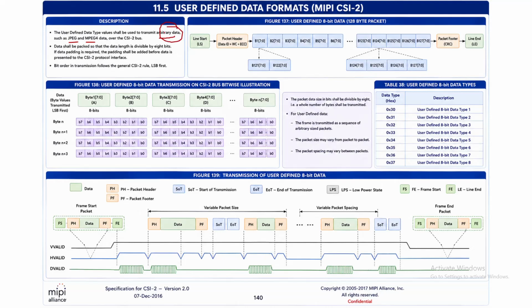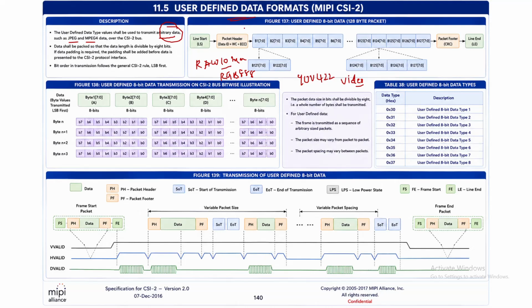User defined also follows some raw format. It may send RGB data, where RGB is related to images, raw data is related to some metadata, and YUV is related to video. Any type of data I'm transmitting here, those are the user defined data formats.